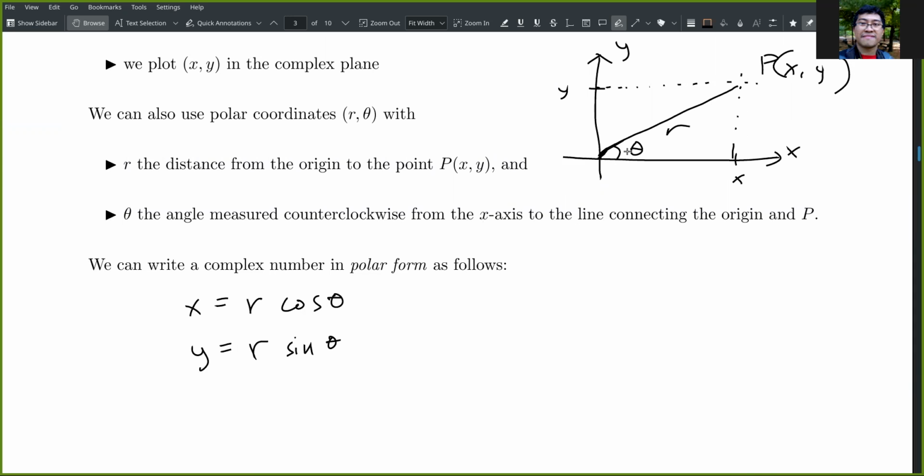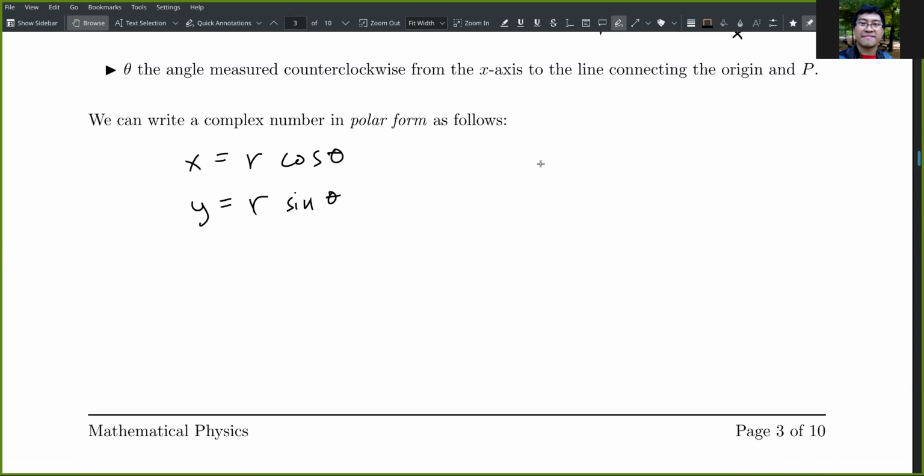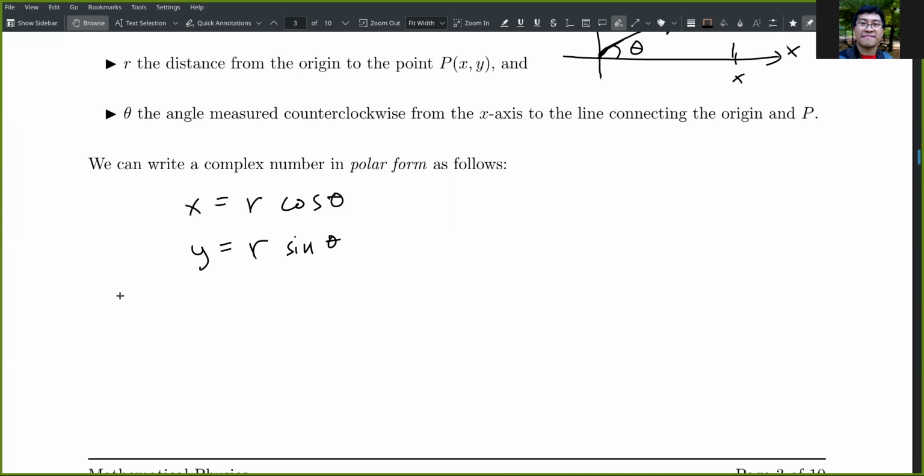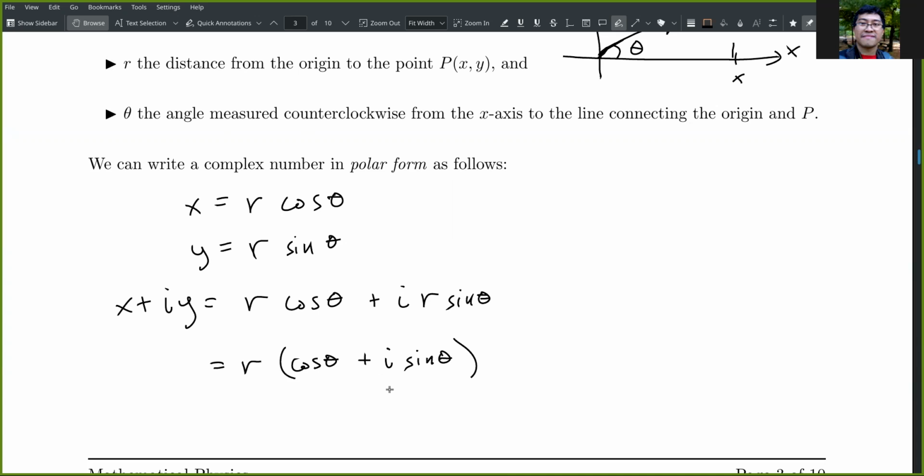We simply use the trigonometric identities. So if you have x plus iy, that is r cosine theta plus i r sine theta, or r times cosine theta plus i sine theta.